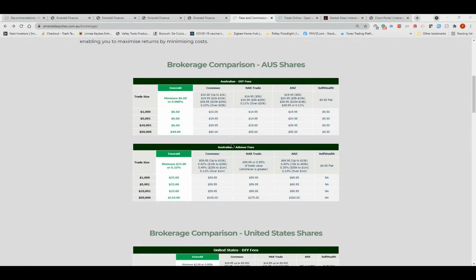Even a 50K trade, which is a fairly decent sized trade, you're only paying $44. So we're very reasonable in that respect on the DIY. And with the advisor assisted side of things, once again, $33 or 0.22%, and it's only $110 for a 50 grand trade versus 245, 275 or 200.